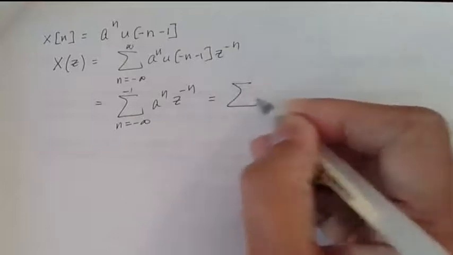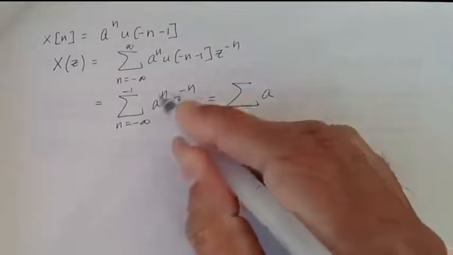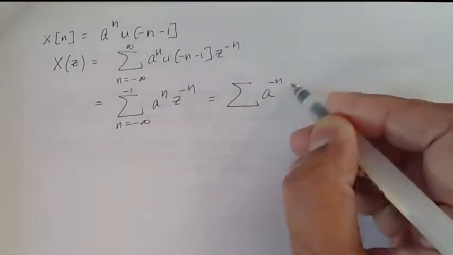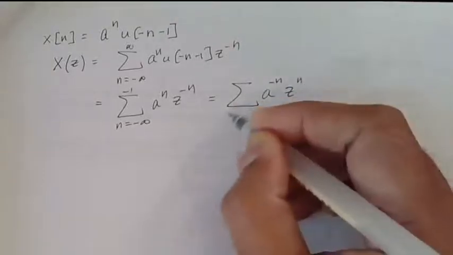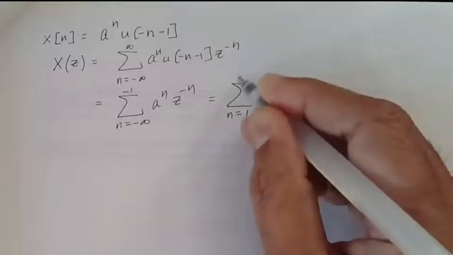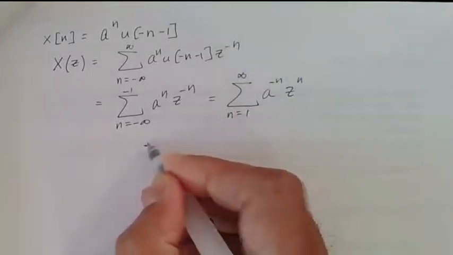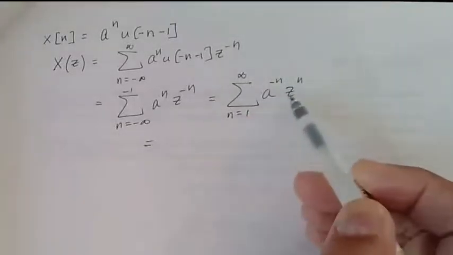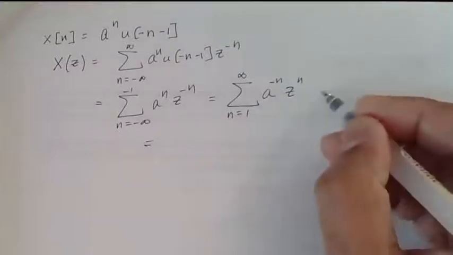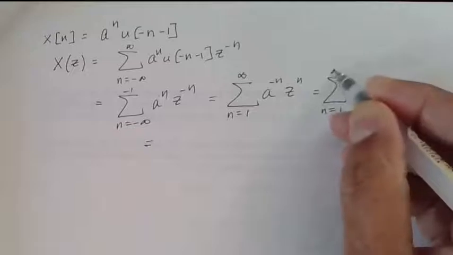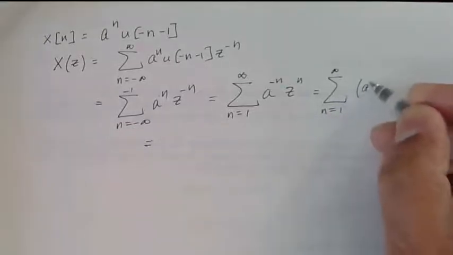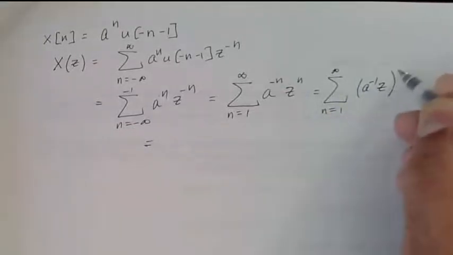So this is equal to the summation, and I'll just replace n with minus n. A to the minus n, z to the minus minus n will just be z to the n, and n goes from 1 to infinity. And now I can write this as summation n equals 1 to infinity a to the minus 1 z to the power n.